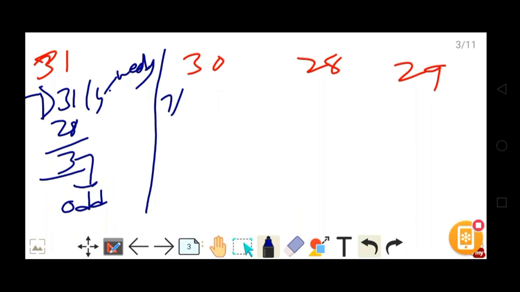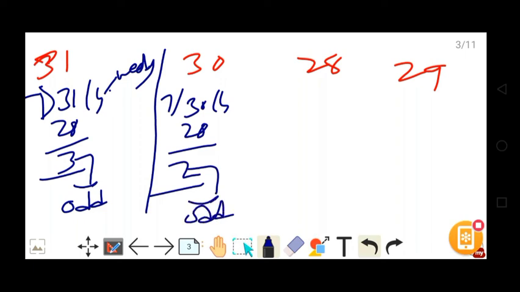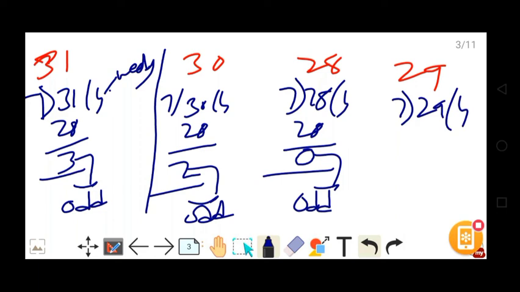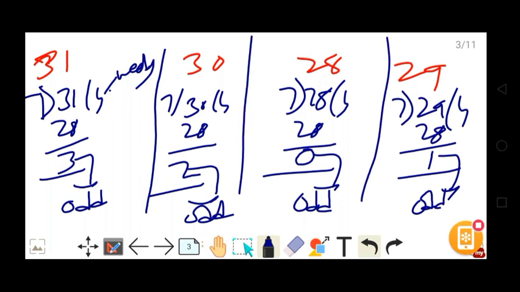In 30 if you divide, same, 7 fours are 28, 2 is the remainder, 2 is the odd days. 28: 7 fours are 28, 0 remainder, 0 odd days. If you divide 29 by 7, 7 fours are 28, remainder is 1, 1 represents 1 odd day. So quotient always represents the number of weeks, remainder represents odd days.